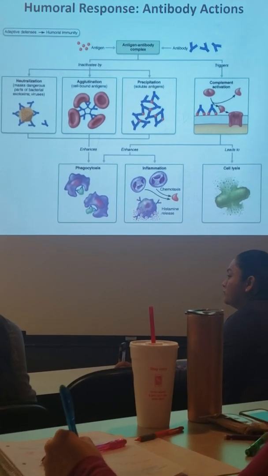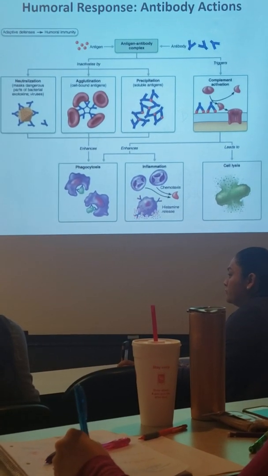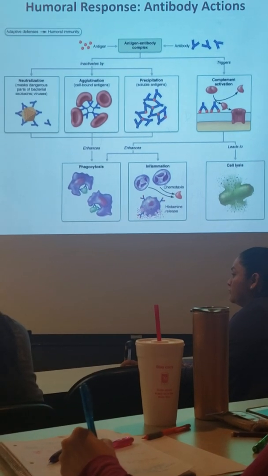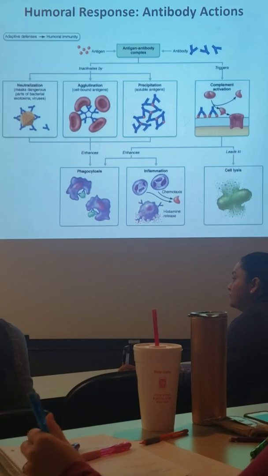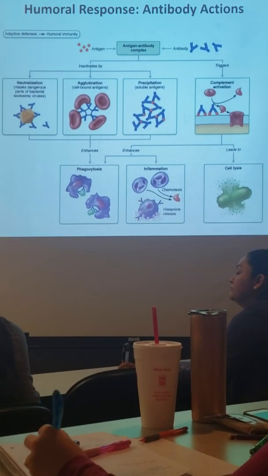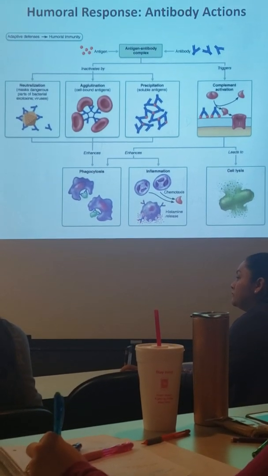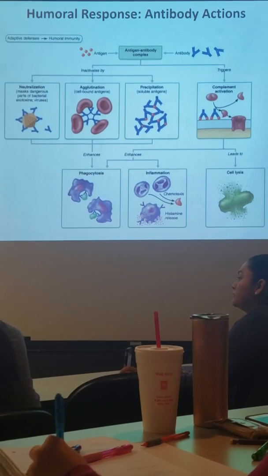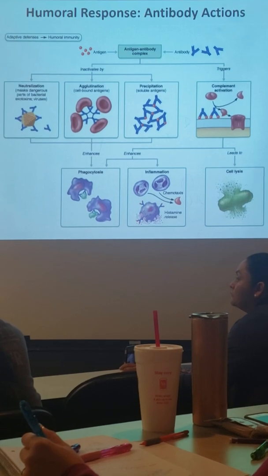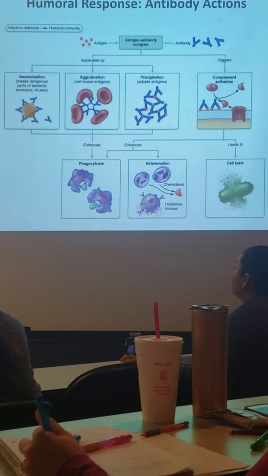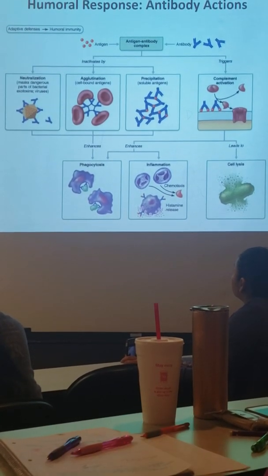You want to eat it more than the plain old regular cake, right? You'll eat it either way. Well, I will. But you want to eat it more if it has the extra good stuff on it. The extra good stuff is this antibody. Okay? Makes it more attractive to eat.